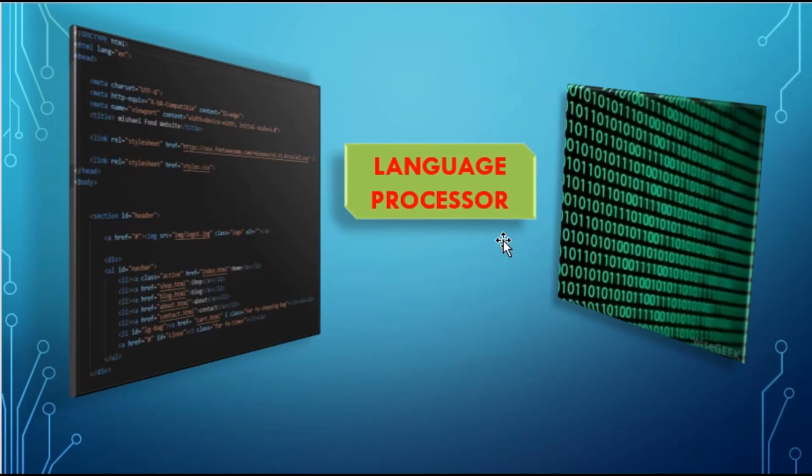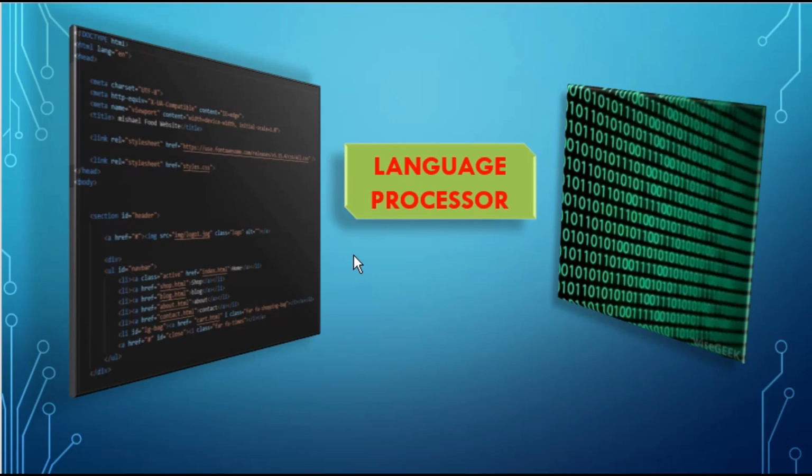With us, this is a source code. And since a machine cannot understand the source code, which is the program written in the high-level programming languages like Java and C++, then the language processors now translate the source code into the object code.